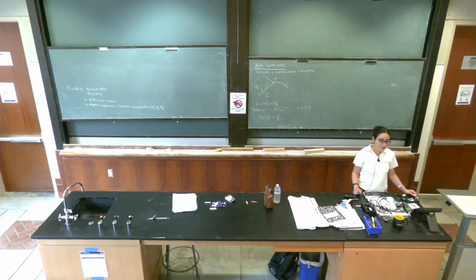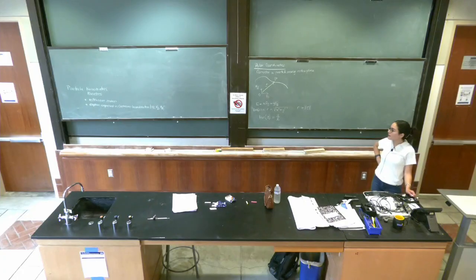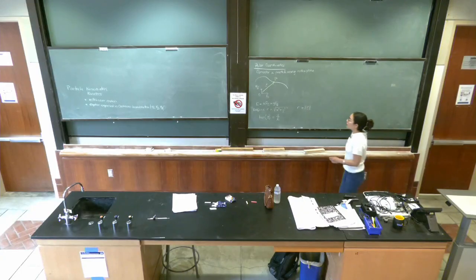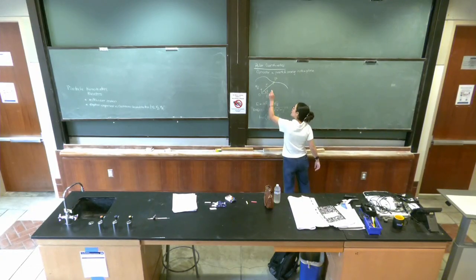The angle between which two lines? No, the angle between ey and ex is 90 degrees. It's a right angle. The angle between ex and R, right. So this angle here is equal to theta.